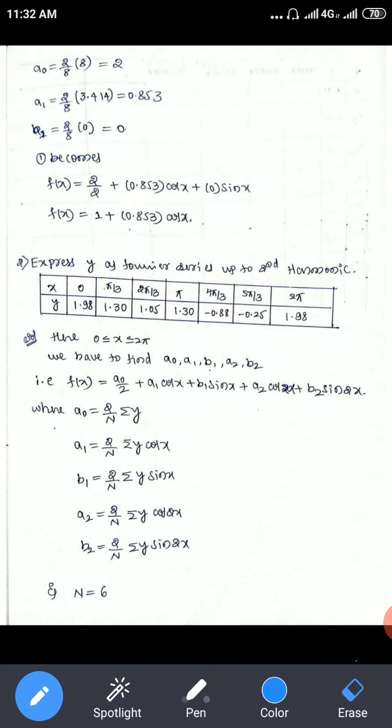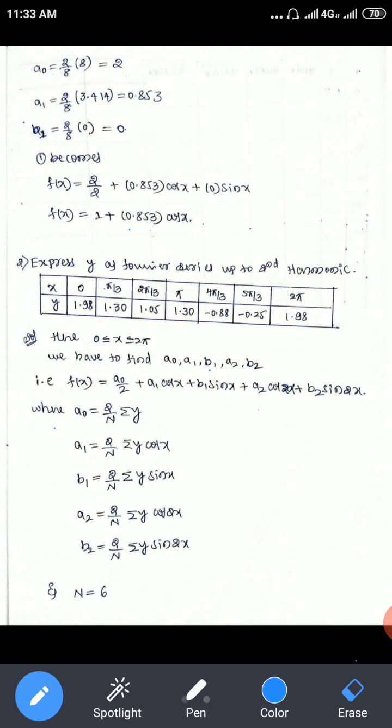So a naught is equal to 2 by 8 times summation of y, which is 8. So it cancels, and you are getting 2. A1 is 2 by capital N, which is 8, times summation of y into cos x, which is this much. When you multiply and divide it, you are going to get this. B1 is equal to 2 by 8 times summation of y into sin x, that is 0. 0 into anything is 0. Substitute the same in equation 1.